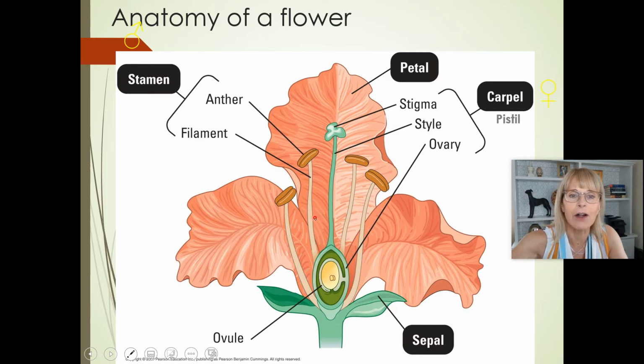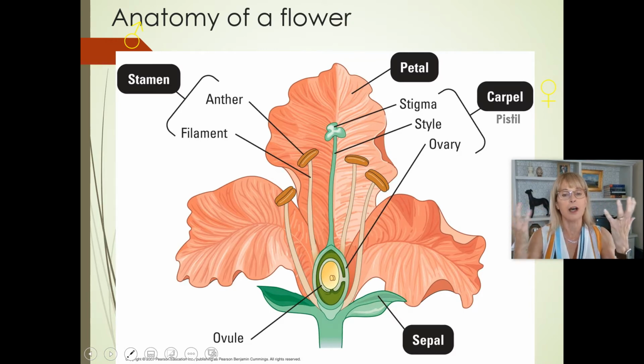And then these things called filaments. And the filaments are just designed to hold the anthers up away from the ovary.